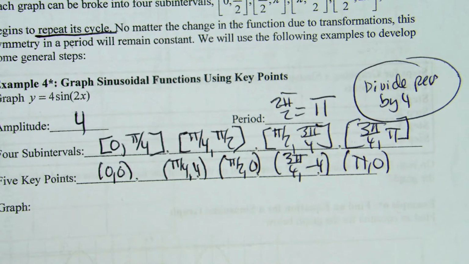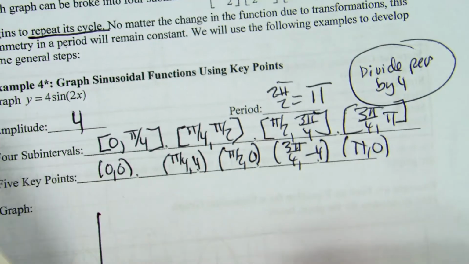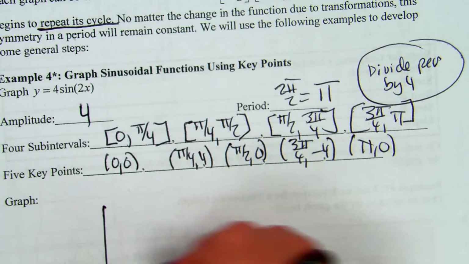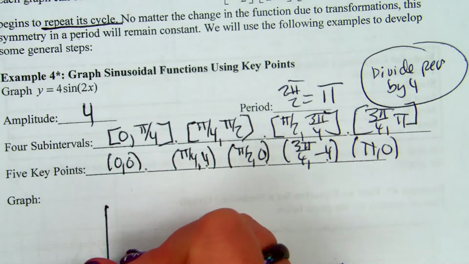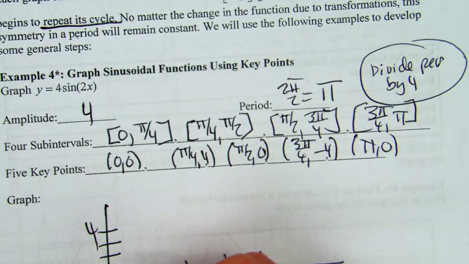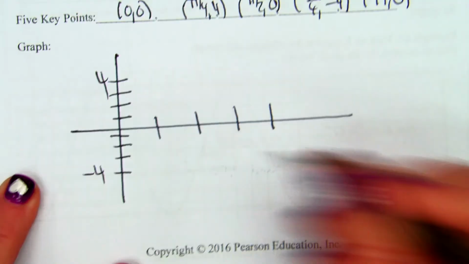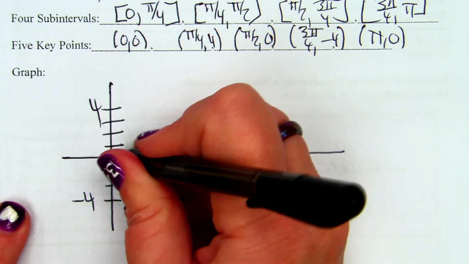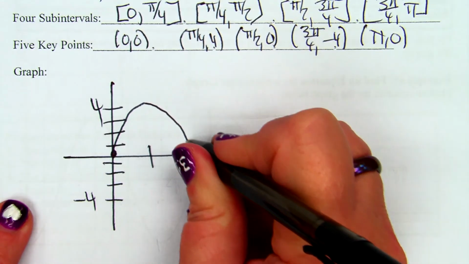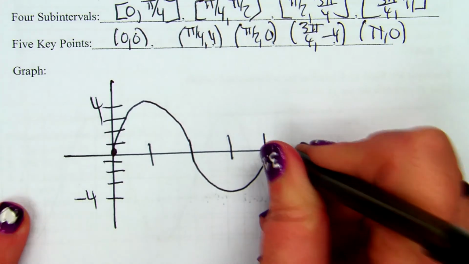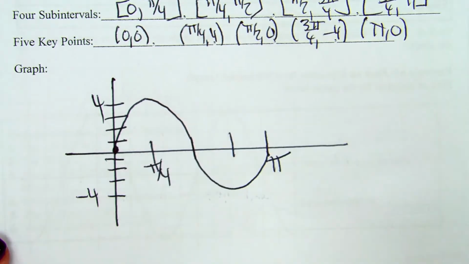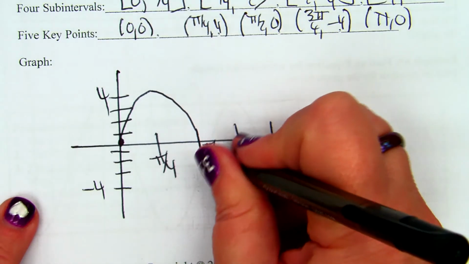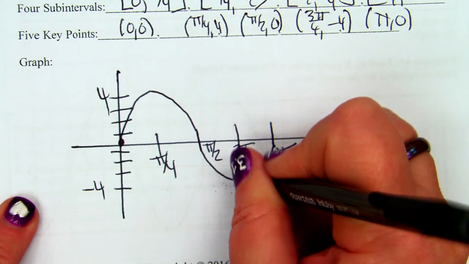So if we're going to graph it, we start at 0, 0 because it's sine, and it goes up, down, down, and back up. And the period is pi. So this is pi over 4, divided by 4, and pi over 2 and 3 pi over 4. It's very easy to graph sine.